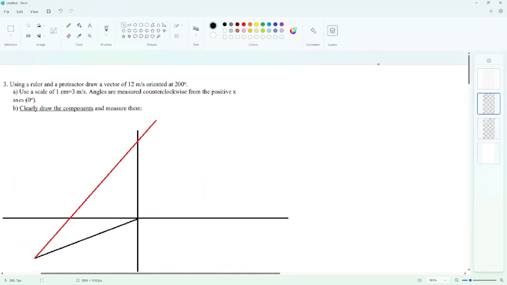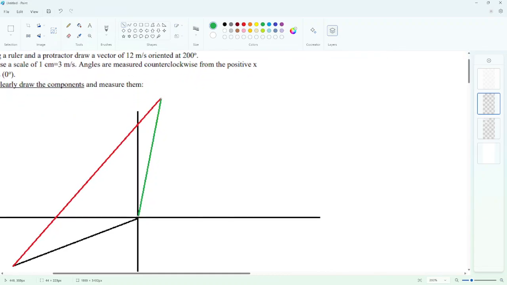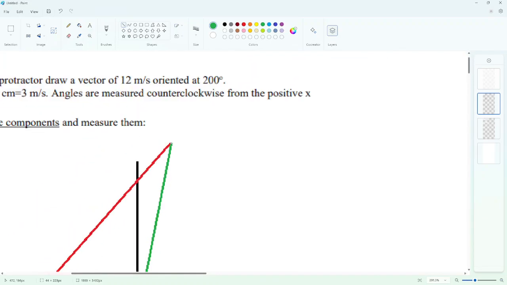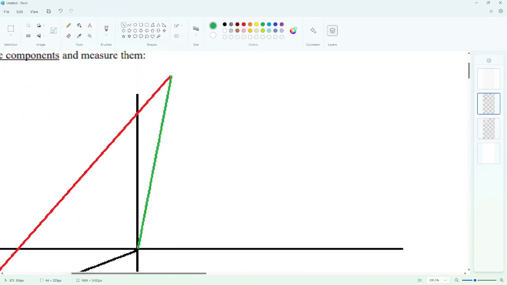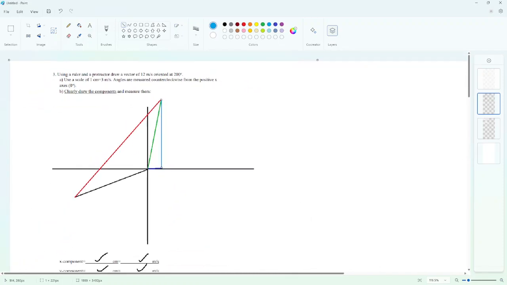The sum will just be from the center. I'm going to draw this in green, from the center to this point right here. And you would need to calculate the components of this new vector. So the components are going to be x and y. And that's question 3.